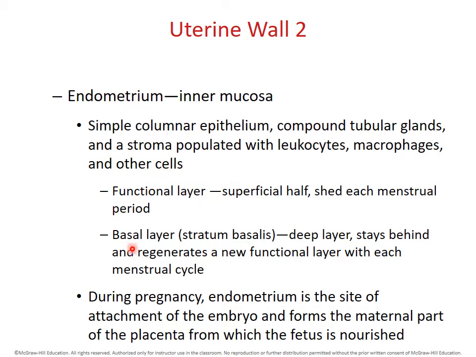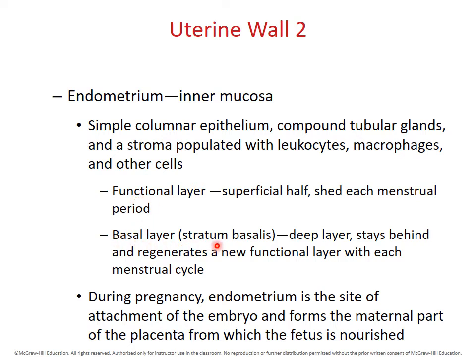The endometrium actually is broken up into 2 layers, a functional layer and a basal layer. The functional layer, of course, is the part of the endometrium that does most of the work of accepting a zygote and then developing to nourish it during pregnancy. This is the part that is sloughed off on a 28-day cycle if pregnancy doesn't ensue following ovulation.